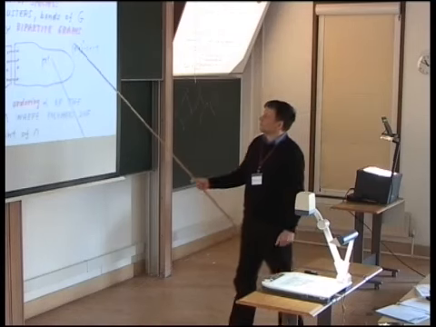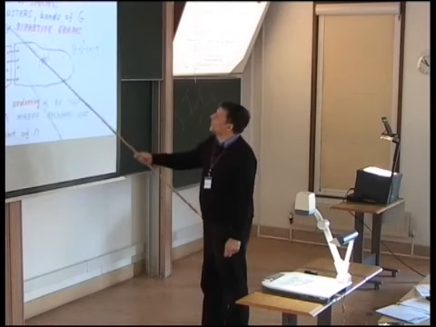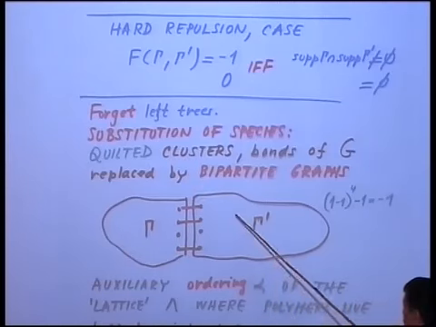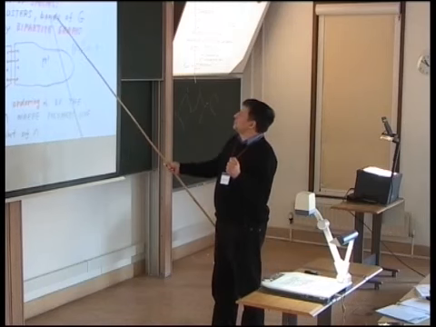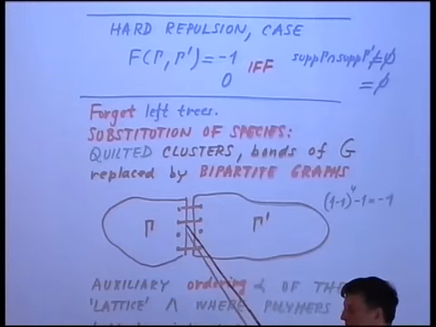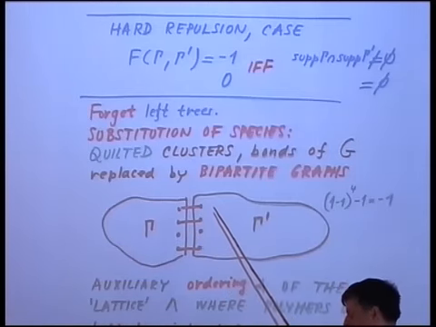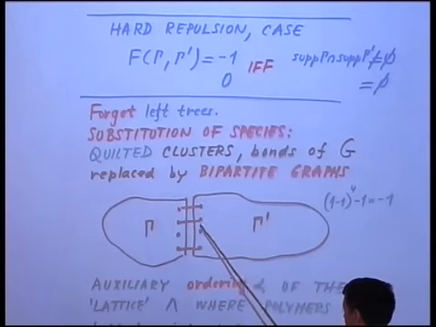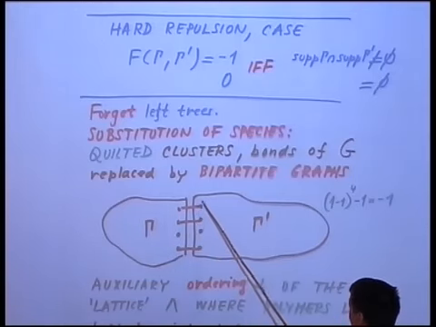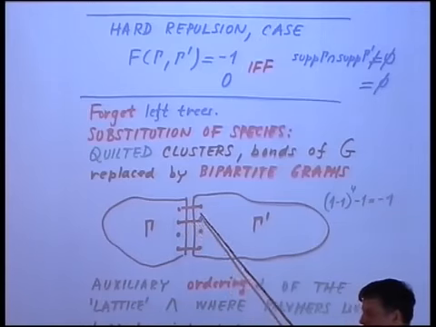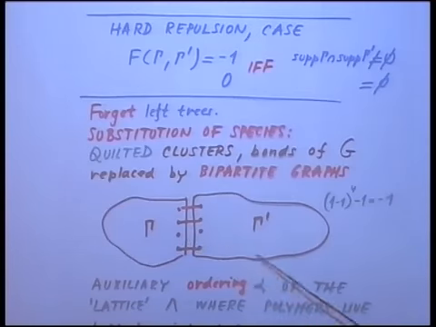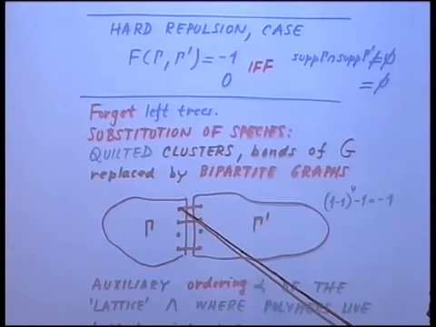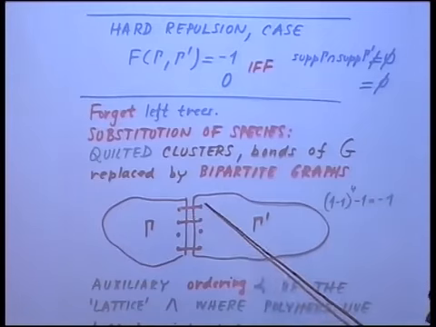So I will construct something which I will call quilted clusters. Here is a picture. I substitute each bond of the graph, of the incompatibility graph, each bond which has its minus, by a bipartite graph. Here is one contour, polymer, sorry, other polymer. Here is the intersection. The intersection here contains 4 points, which are common to both polymers.